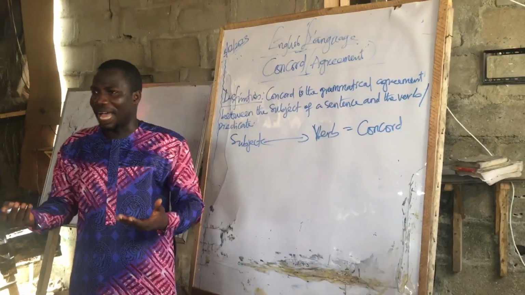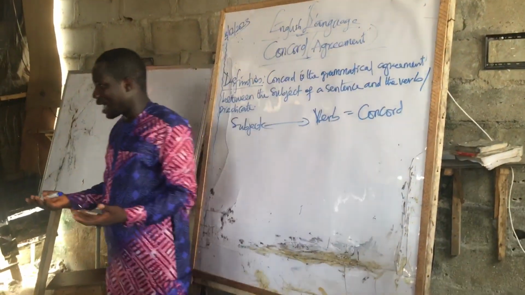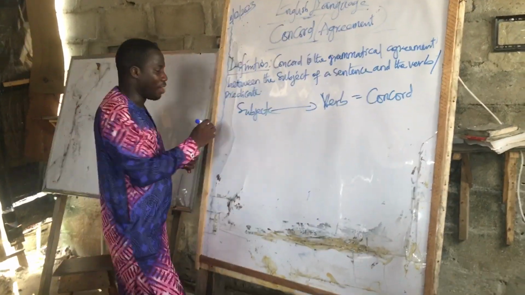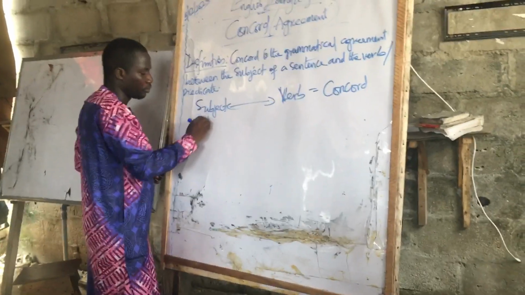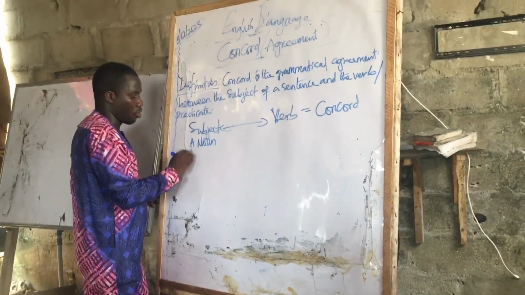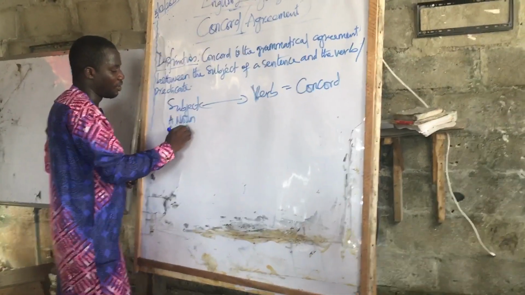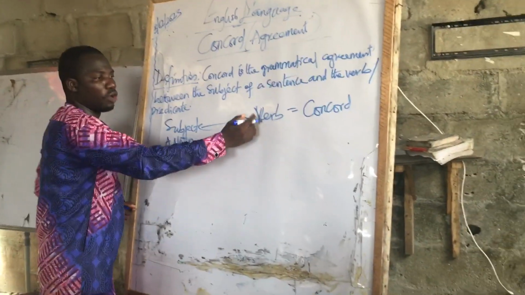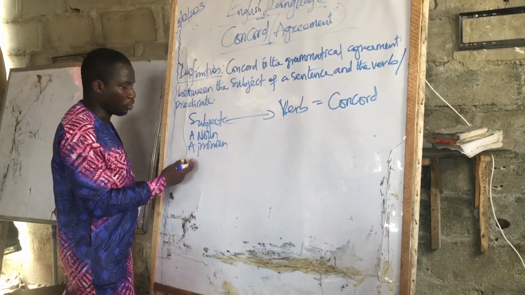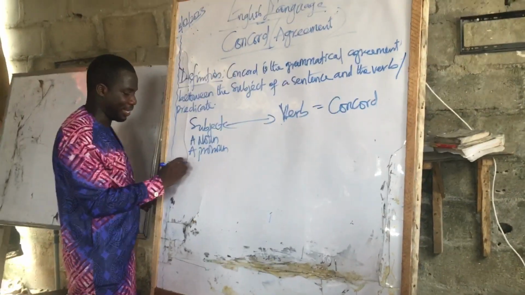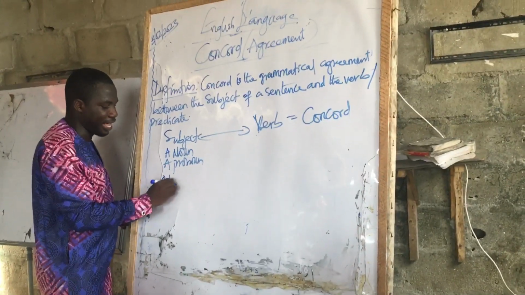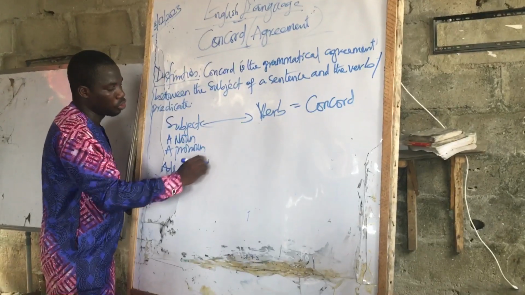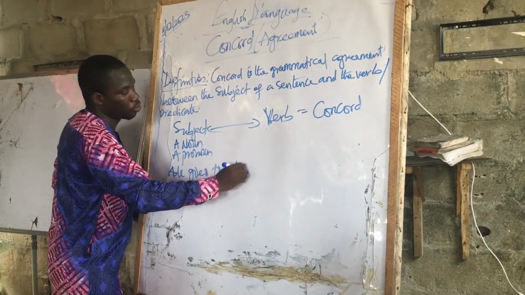Now, our subject could be what? Our subject could be a noun or a pronoun, right? We all know that a verb is a verb. So when your subject is a noun, you have something like: Ade goes to school.